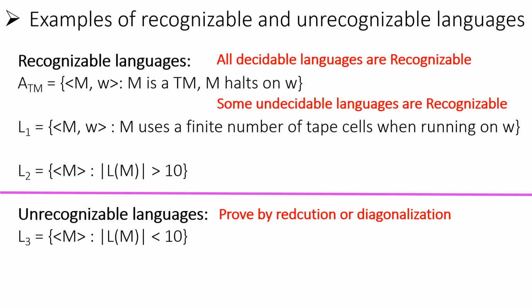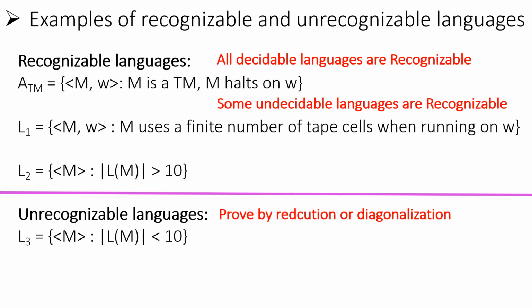Of course, if you find 10 strings, you can say M is not in L3. But if we only find 9 strings, we cannot claim that M is in L3, because we cannot guarantee the next string we check will not be in Lm.